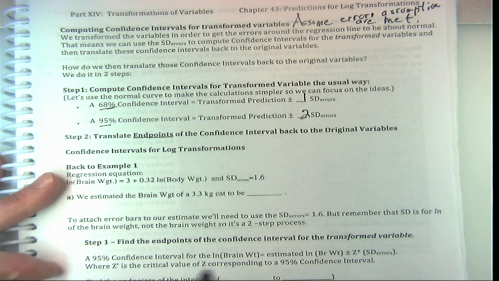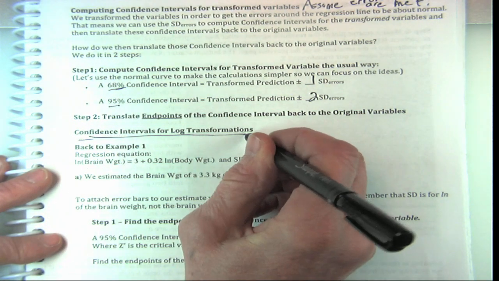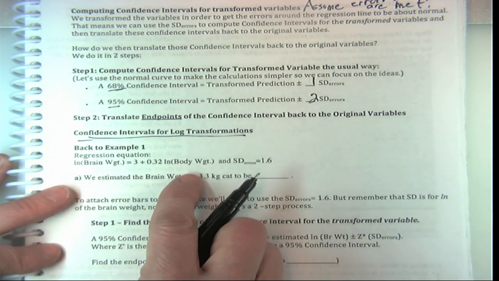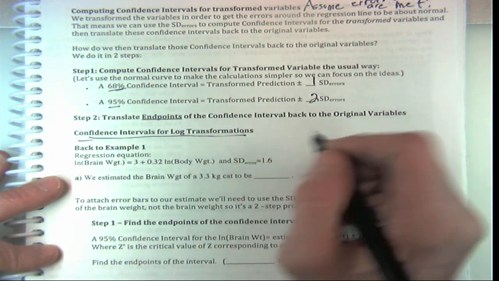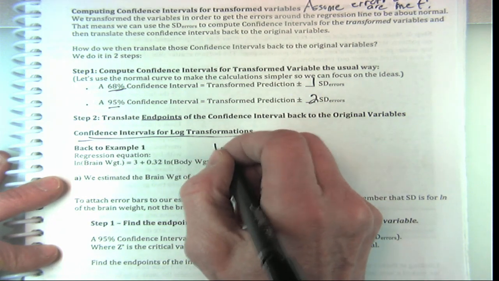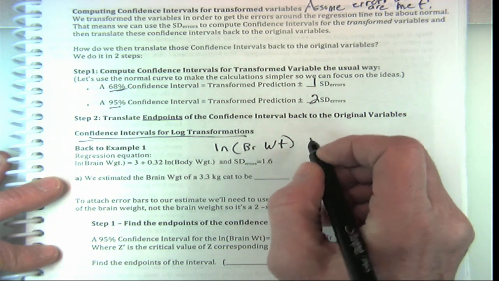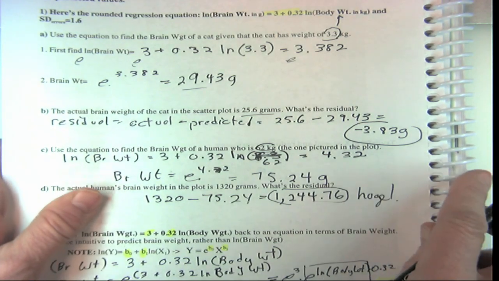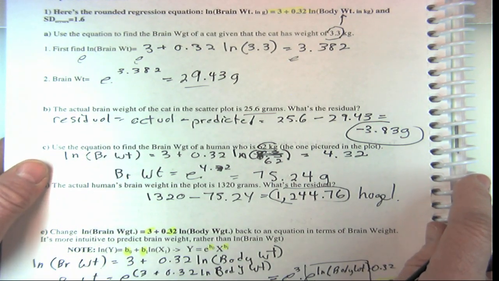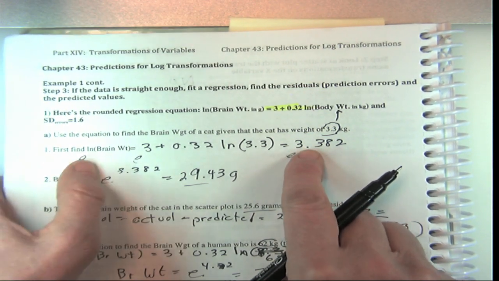So we first do confidence intervals for the log transformation. What did we get here? We used this equation, and we got the log of the brain weight, let's write this down from the previous page. We did this first.